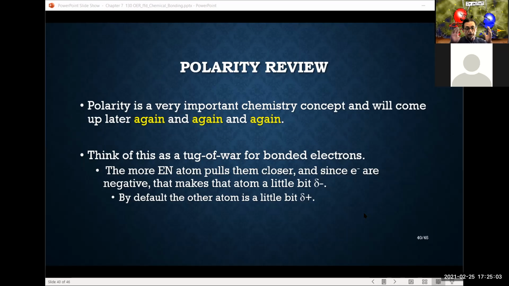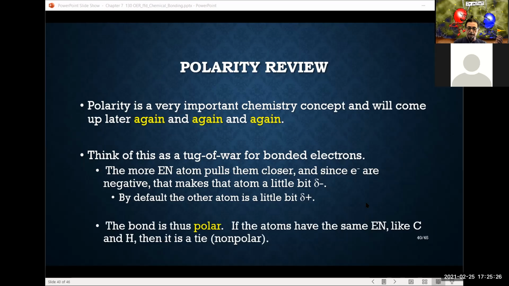Remember, the ionic bonds have a full-fledged negative or positive charge. They attract to each other like two magnets, electrostatic attraction. Covalent bonds share electrons. In polar covalent bonds, one of them pulls more, so it is unequal sharing. And non-polar bonds are equal sharing, okay, of those bonded electrons.